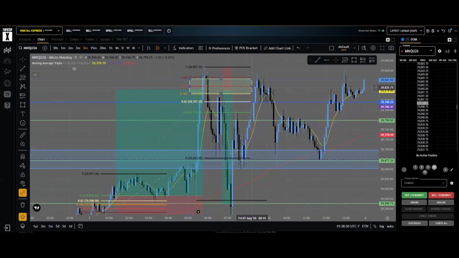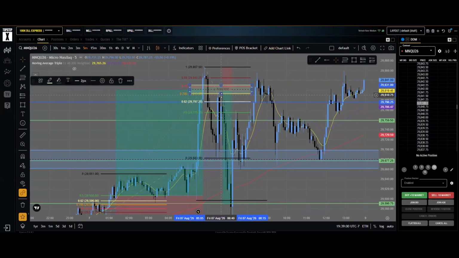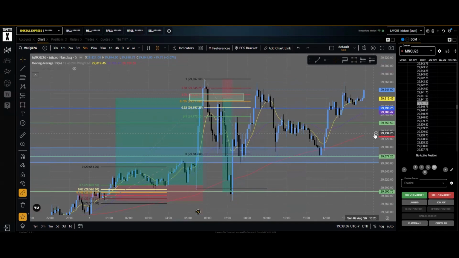And as an ICT concept, you know that there are IFVGs. There's an IFVG, and this turned into a BPR gap, and in ICT, BPR gaps are a strong level of support.